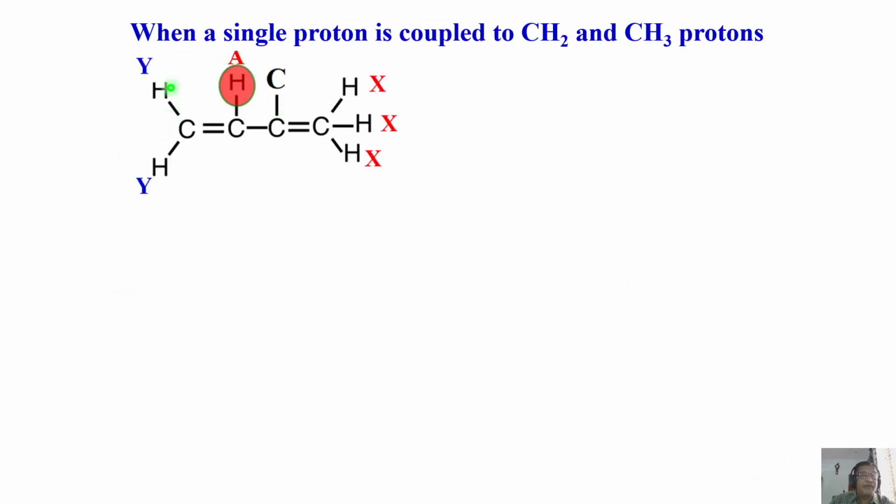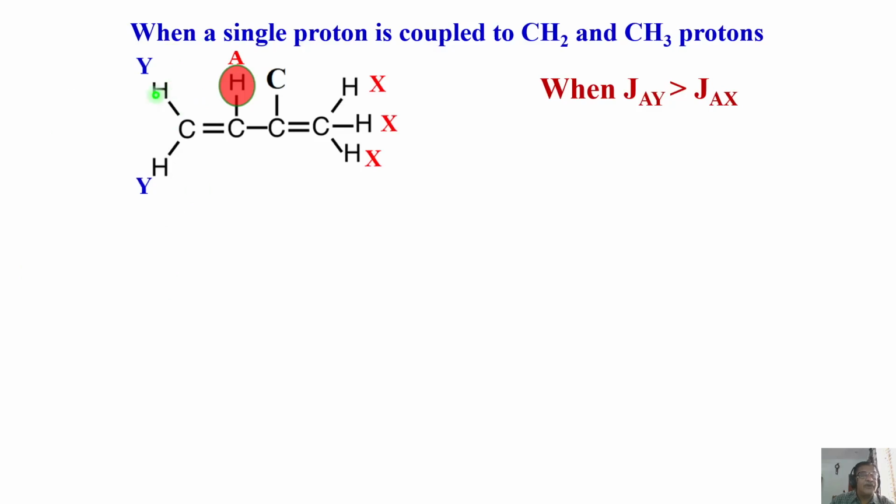Now, I have removed this single proton and put a CH2. What do you call this now? Look at this one. I consider the situation where AY is larger than AX. Then what will happen to this proton when it is split by CH2 protons? These are equivalent protons. Apply the 2Na+1 rule.